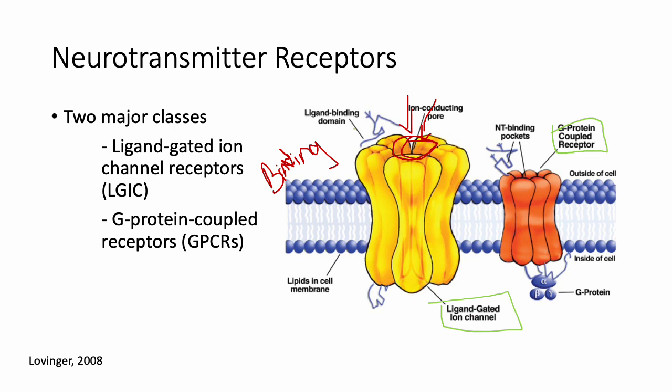Let me change the color back to red. This part here. Ligand binding domain. On the other hand, with the G protein coupled receptor, binding occurs outside the cell in a so-called pocket that is formed by protein domains that spread across the membrane. So these are the pockets, which is also sort of like the conducting pore, but okay, it's a different story.